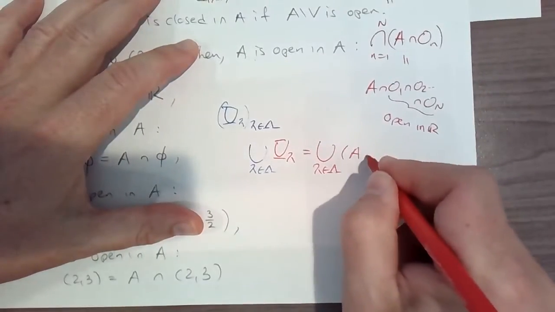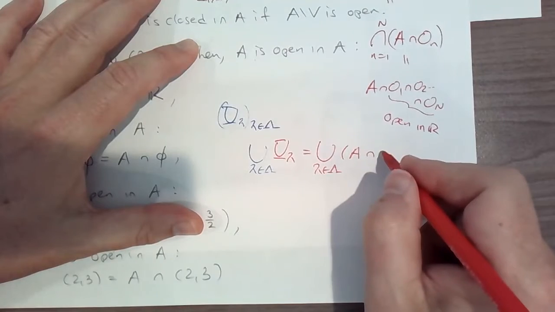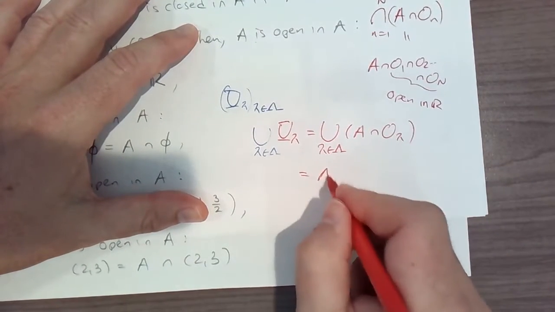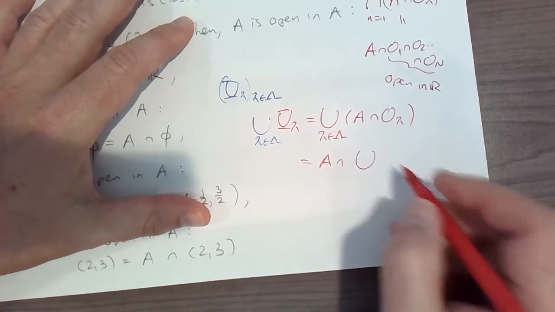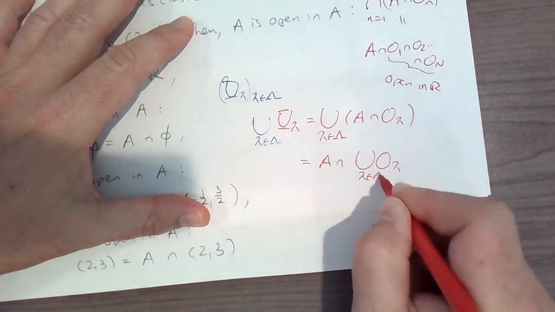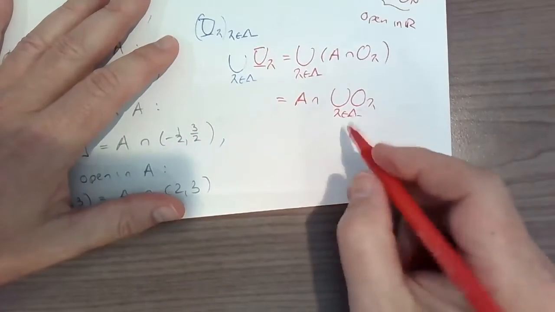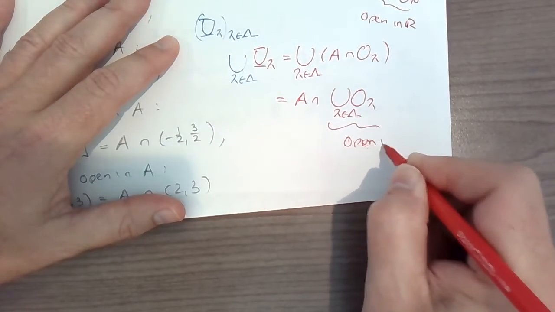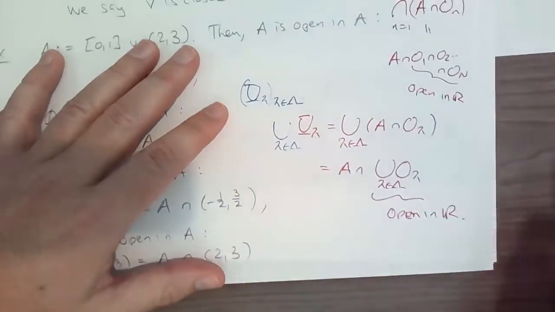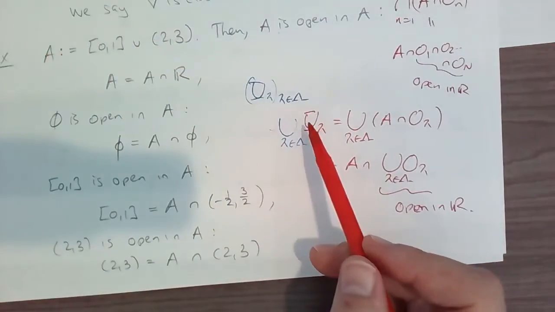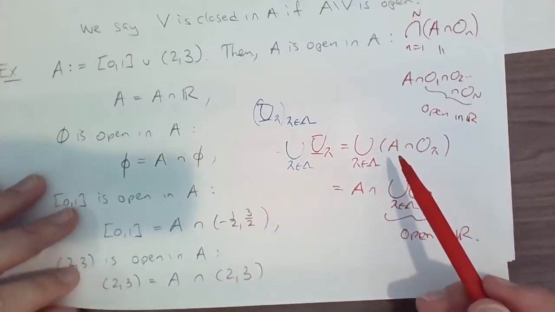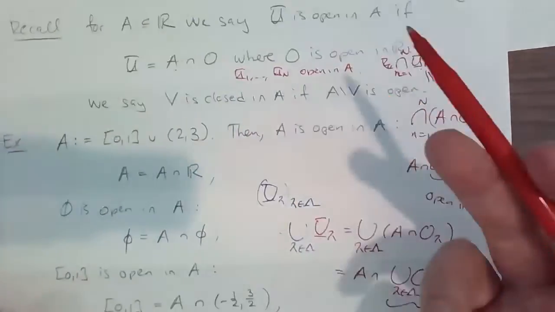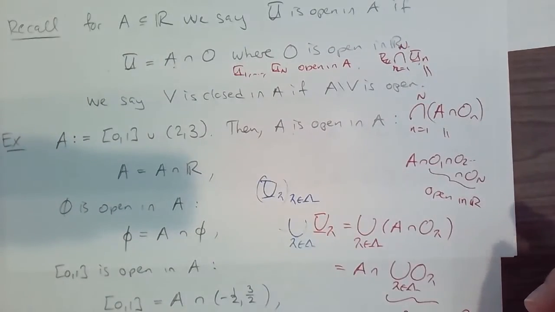So this here would be A intersection O lambda, and then I manipulate the form exactly as before. This is going to be A intersection a union of these O lambdas. But again, I know this property holds. This is open in R. So that arbitrary union has exactly the same property as the individual sets do. And so this is a legitimate topology we're dealing with here.